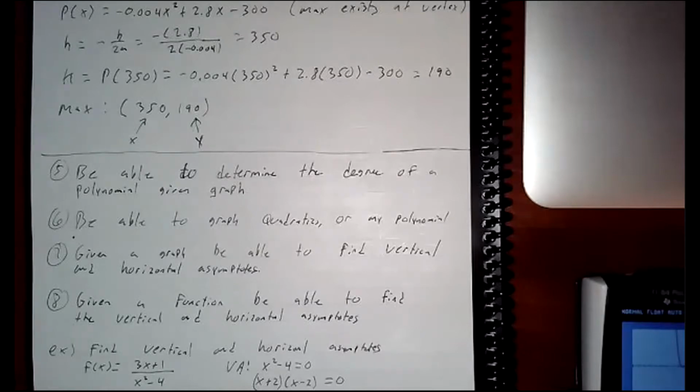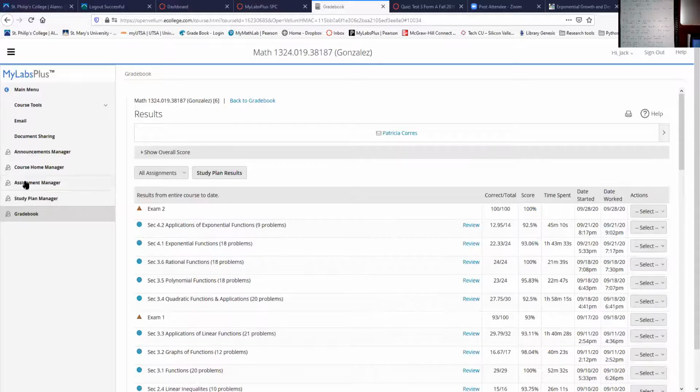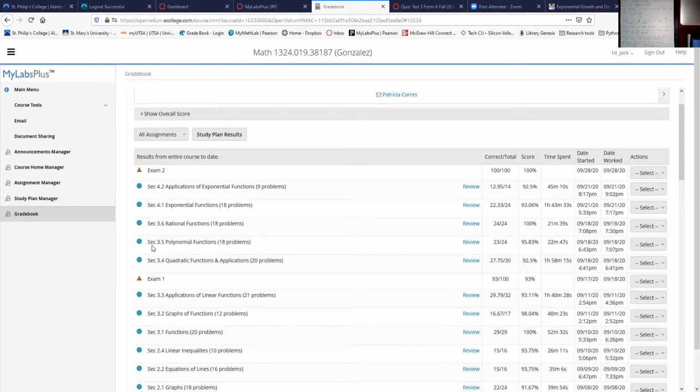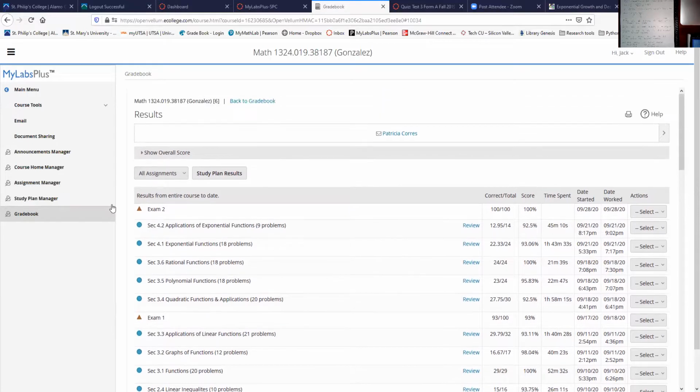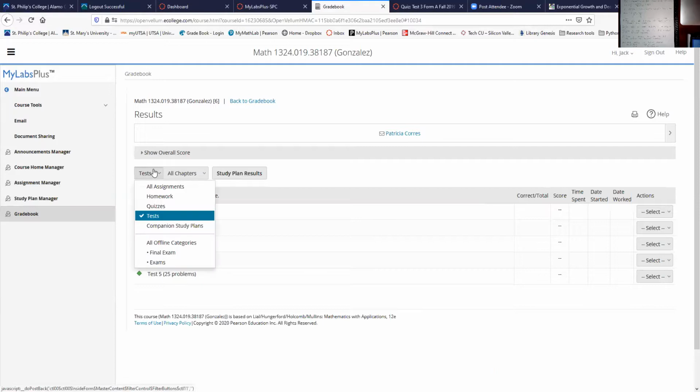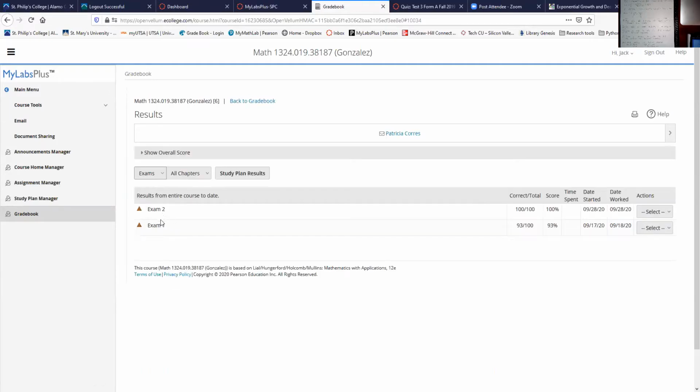So here we go. It has all your grades, so exam 2 is right there and exam 1's here. If you go to grades, you can say you only want to look at the exams. So the offline exams is the ones you want to look at, because we're doing our exams inside of Canvas. So I'm porting the grades over here.